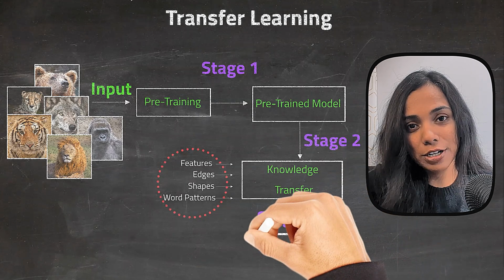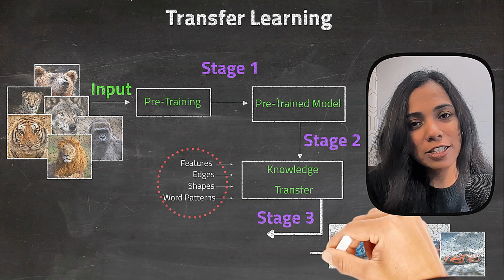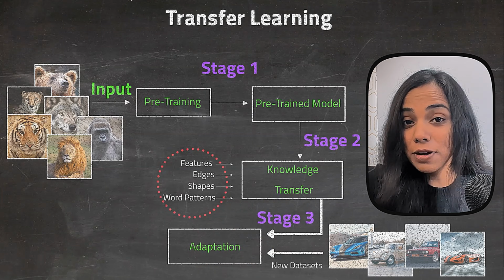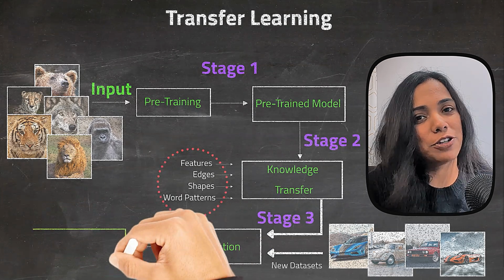The third stage of transfer learning is where you adjust the model just enough so that it becomes an expert at the specific problem that you're trying to solve.